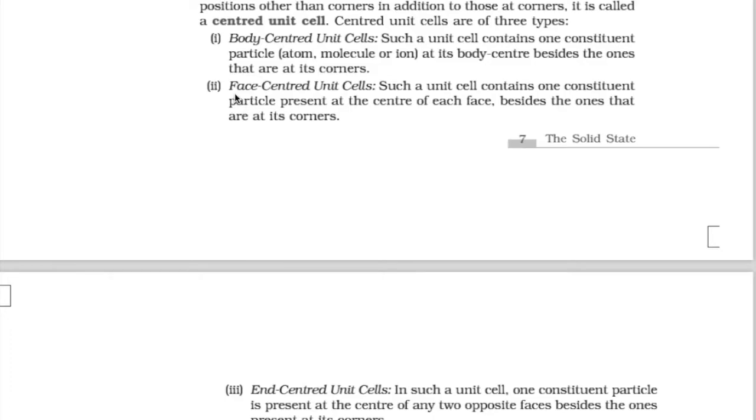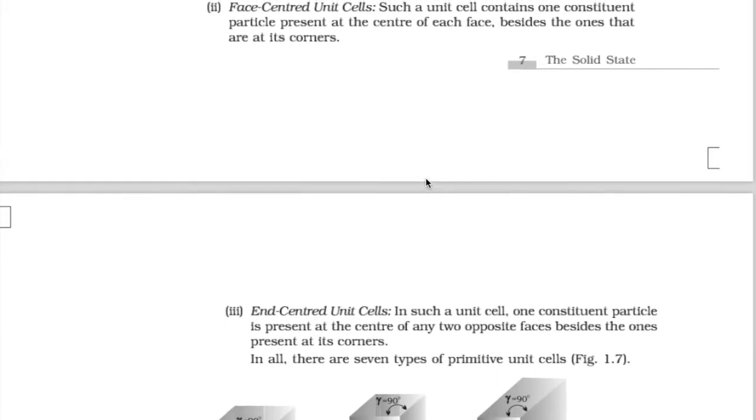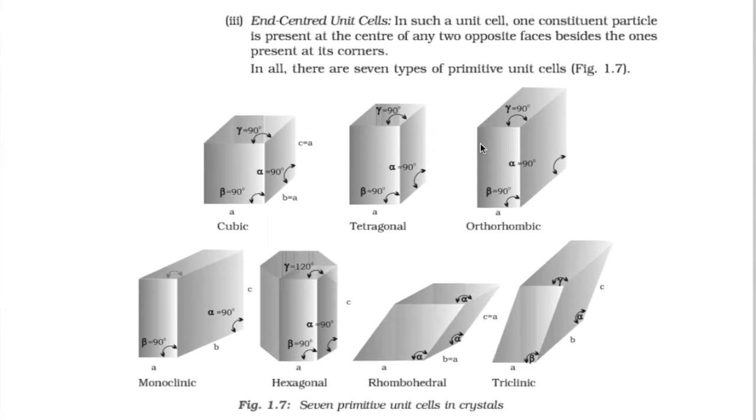Second is face centered unit cell, FCC. Such a unit cell contains one constituent particle present at the center of each face besides the ones that are at its corners. Along with corners, particles will be present at the center of each face.